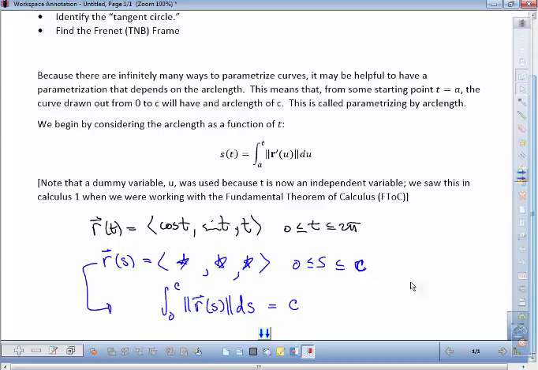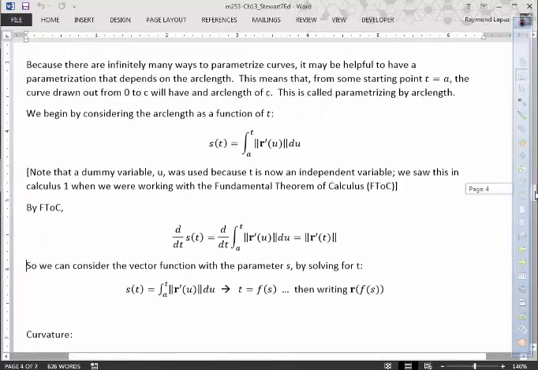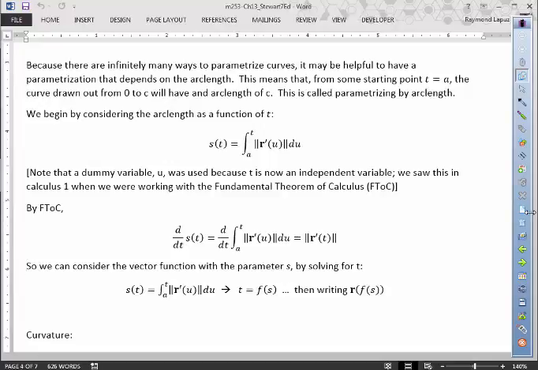So let's see what my notes say about this. This kind of shows a little bit more information about reparametrizing by arc length.